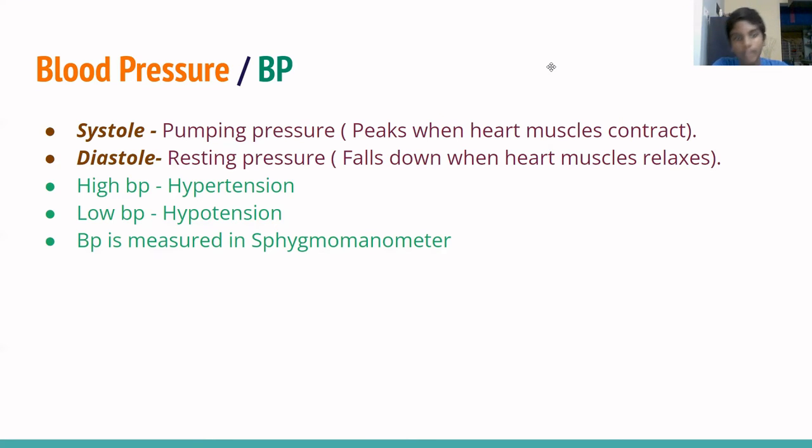And next one is diastole, or the resting pressure. It falls down when the muscles relax. First is systole, when heart muscles contract. Next is diastole, when they relax. High BP is known as hypertension and low BP is known as hypotension. BP is measured with a sphygmomanometer.